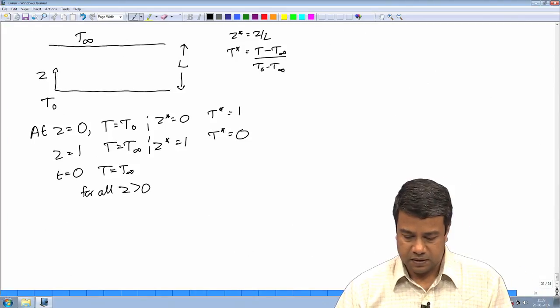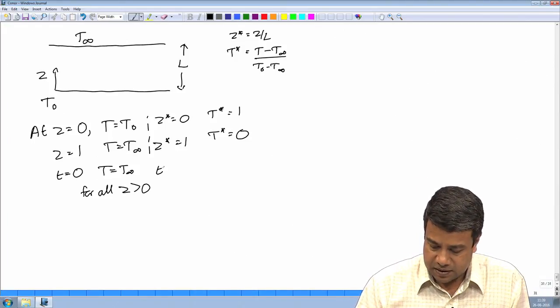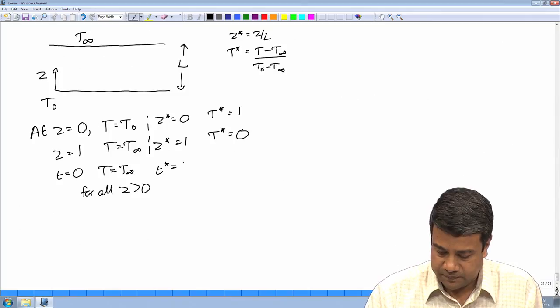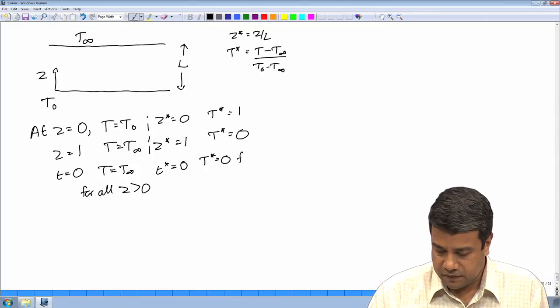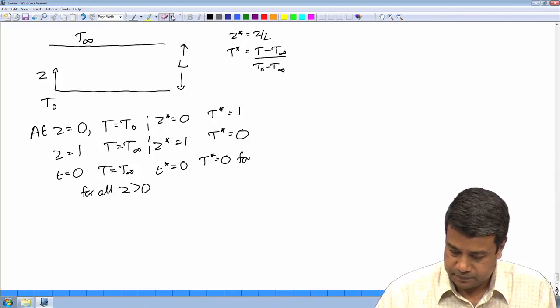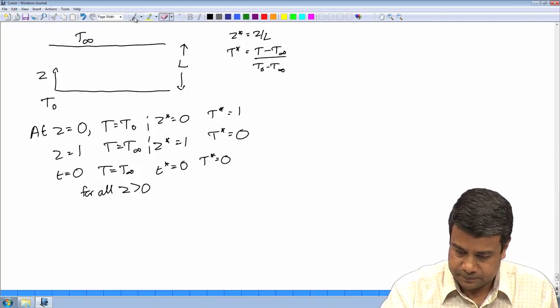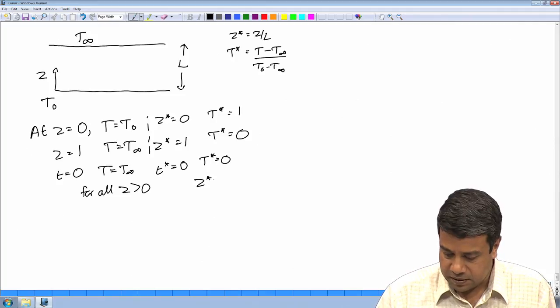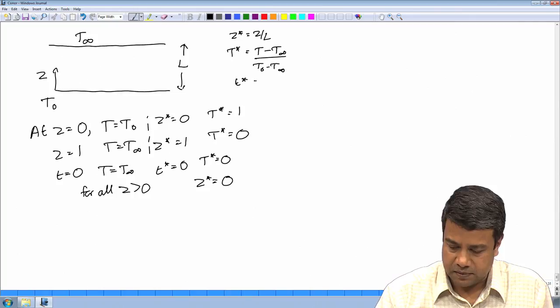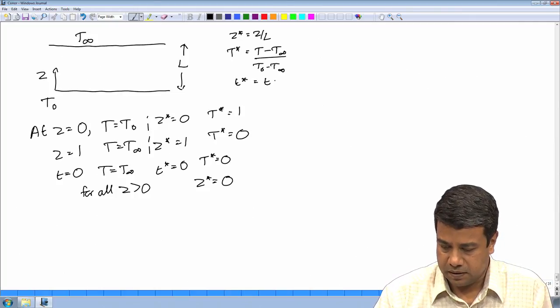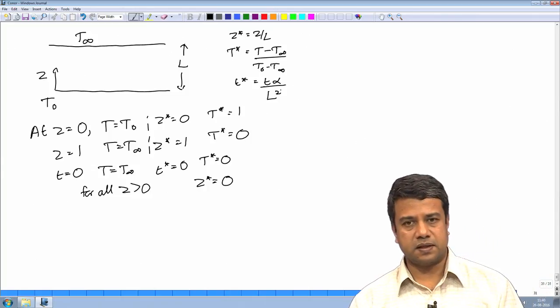What that implied was that T star is equal to 0 for z star greater than 0, where the scale time was equal to alpha by L square. So, that was the scale time in the problem.